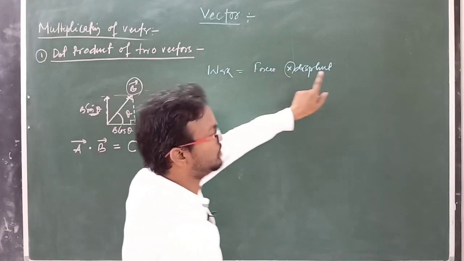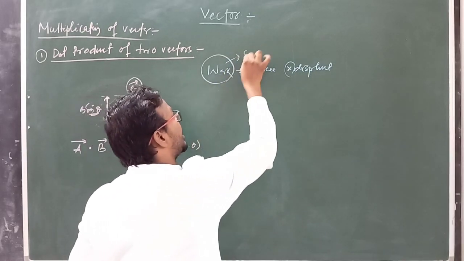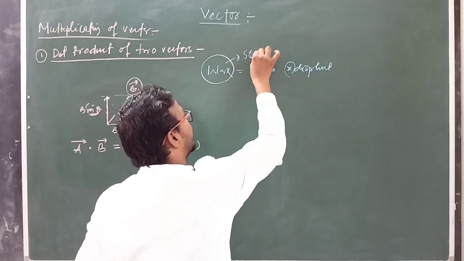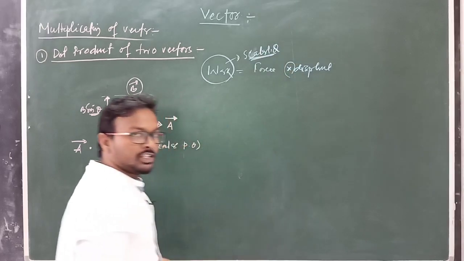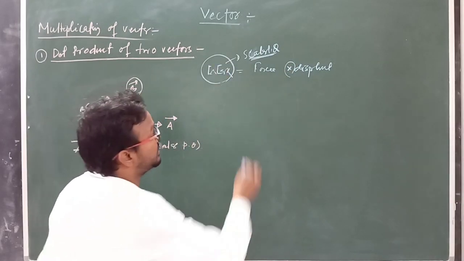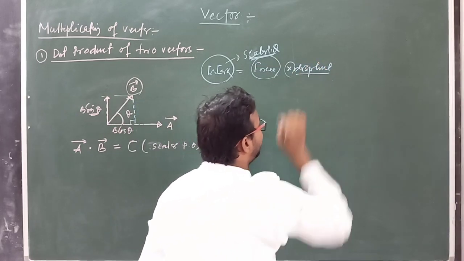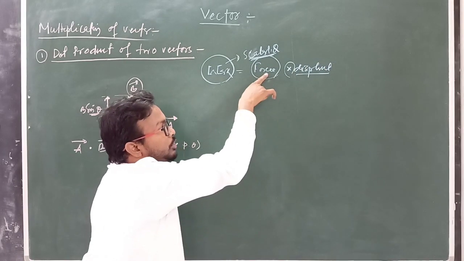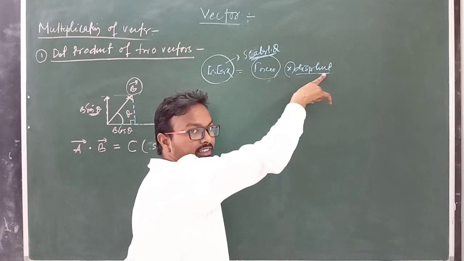And work is a scalar quantity. So how do we get the scalar physical quantity, that is work done? Means force, and which type of force and displacement? In this case we have to apply a force along the direction of displacement.